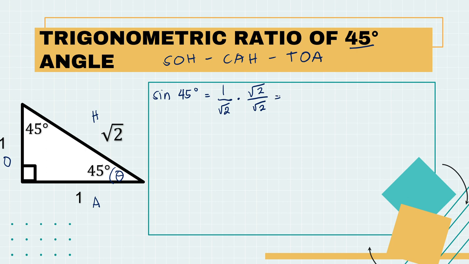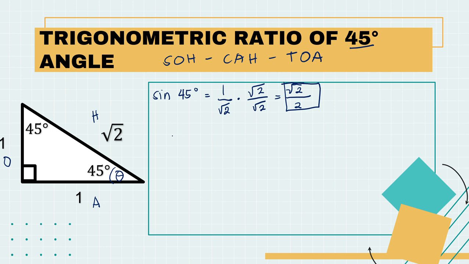And then simplify it. 1 times square root of 2 is square root of 2 over square root of 2 times square root of 2, that is square root of 4, and square root of 4 is equal to 2. Therefore, the value of sine 45 degrees is square root of 2 all over 2.